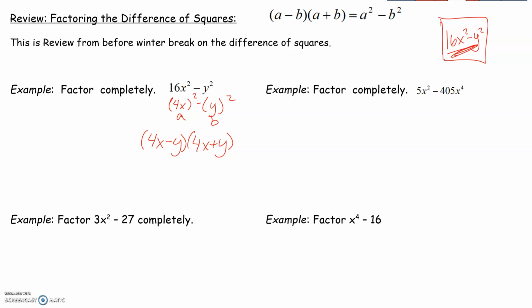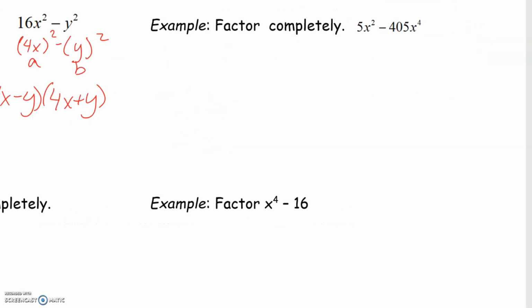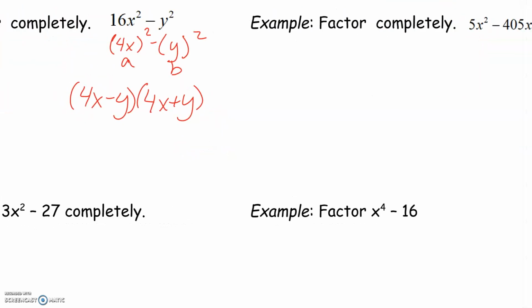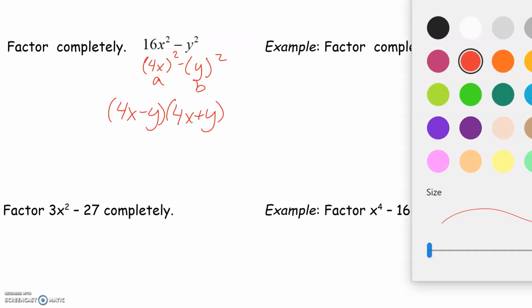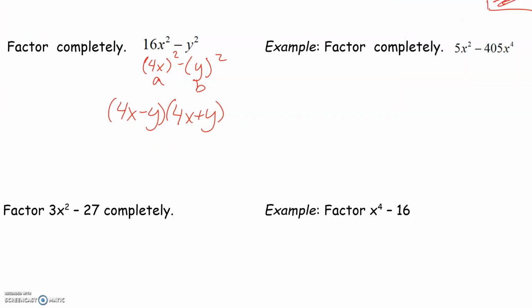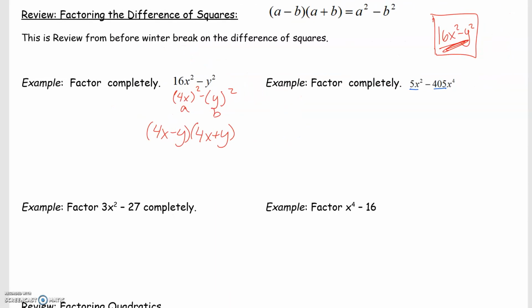All right, so let's take a look at the second one. I'm going to zoom in a little bit. Noticing 5 and 405, when we're talking about squares, we're really looking for perfect squares.